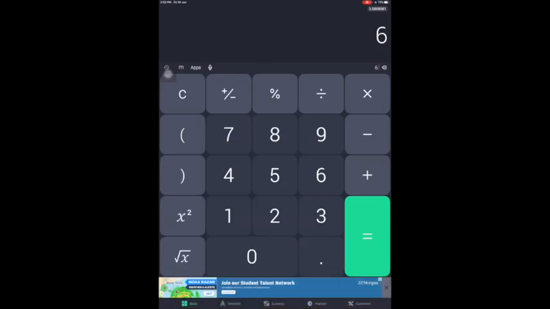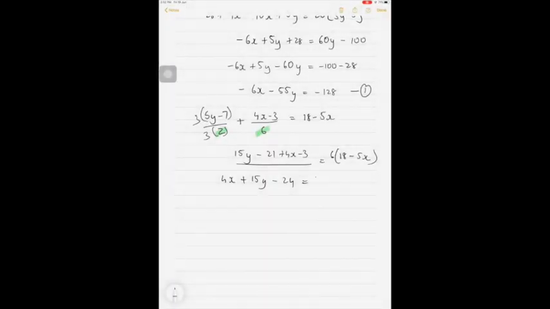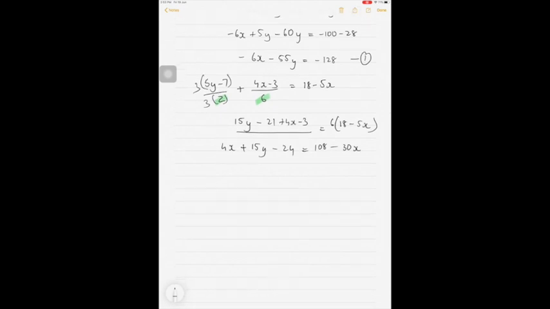6 into 18, what is this? 6 into 18 is equal to 108 minus 30x, correct?